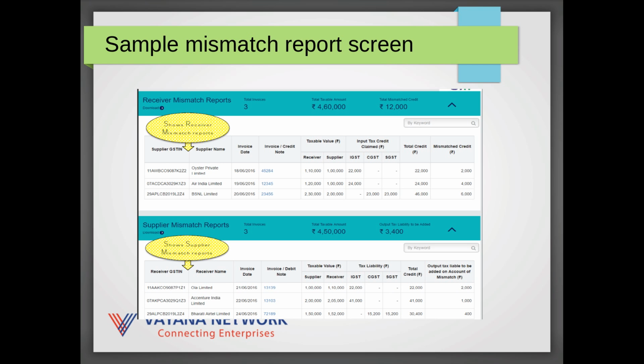Now these mismatches do need to be resolved, and there is a process by which they can just be resolved by the buyer indicating his version in GSTR 2 and the seller approving it in the GSTR 1A. But if the seller chooses to not approve it, there is a different process for reconciling this, but we will not be talking about it.